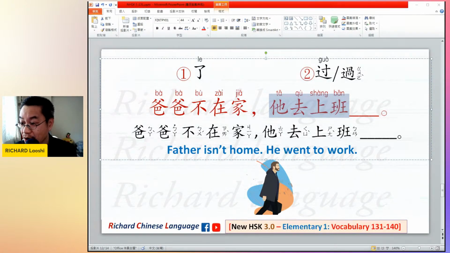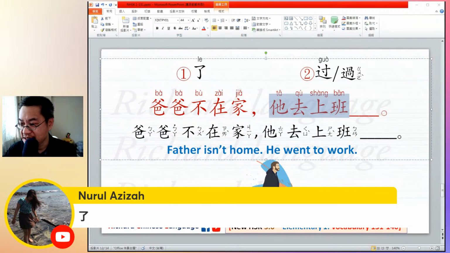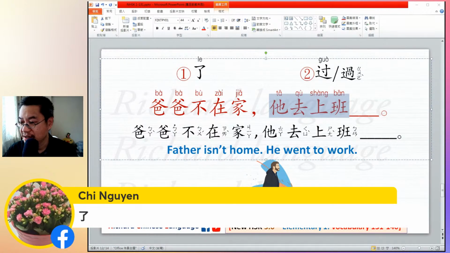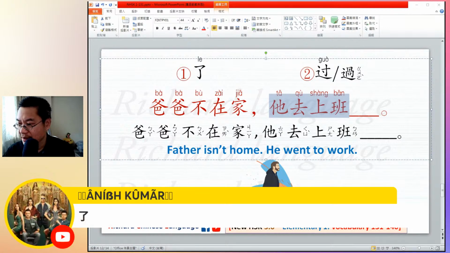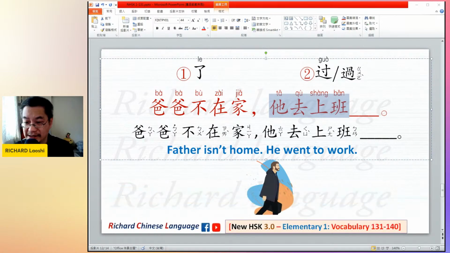What's the answer? 了，他去上班了。Very good. That's right. 他去上班了 means my father started this action, go to work, and the situation remains.